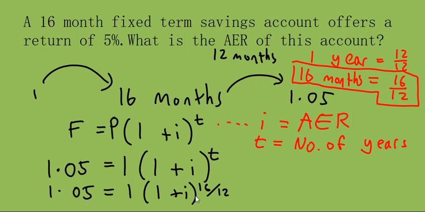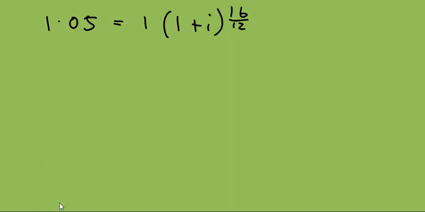What annual rate could I invest for 16/12ths of a year to get the same return? So I'm continuing that over here. First of all, the 1 can go because it's just 1. Next, we want to get rid of the power.